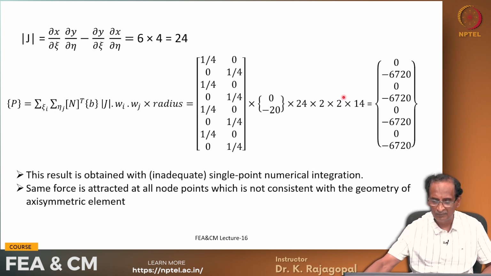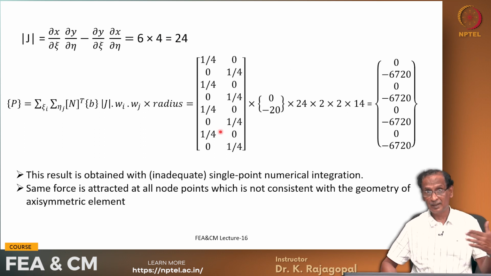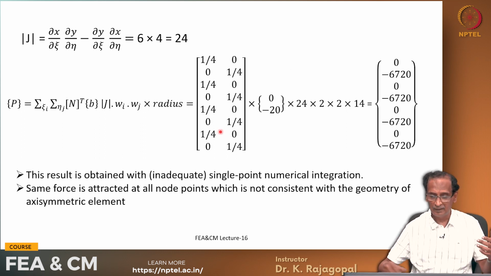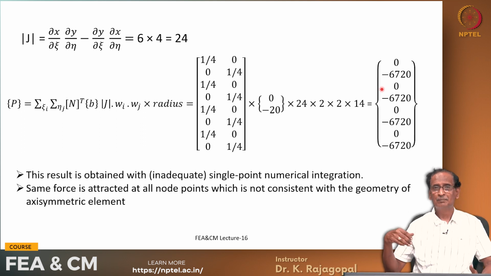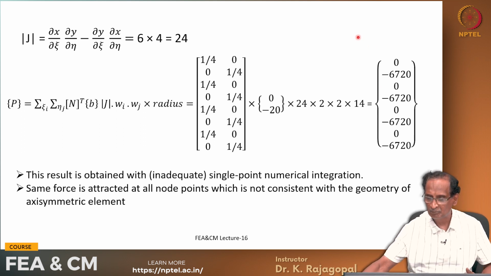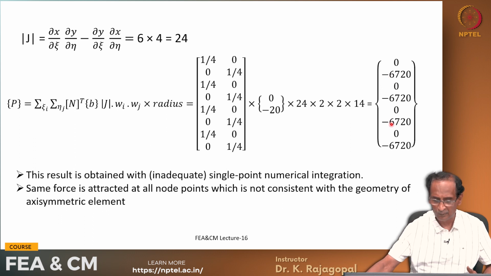And so the entire thing is the same as we had seen for the plane strain case, except for the radius here. So now our force is 6720, equally distributed at all the 4 nodes.